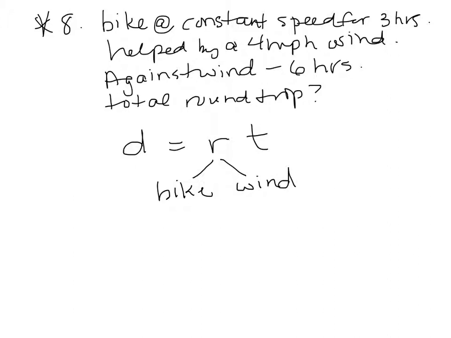Okay, so we have two situations here. We have a situation where MI Fast is biking with the wind, and that takes 3 hours. And we have a situation where he's biking against the wind, the same wind, and that takes him 6 hours.